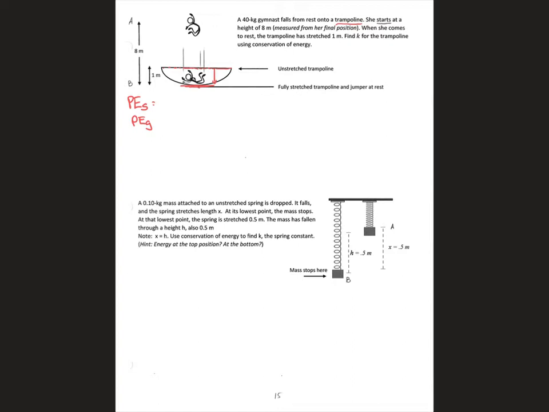So let's see if we can solve this one. What we have to realize is that position A is when the jumper, the trampolinist, is at some significant height above the trampoline. What kind of energy do you have at the highest point? She starts from rest. Maybe she jumped up in a previous jump, and you run out of velocity. So let's assume that at position A, the potential energy due to gravity is the only kind.